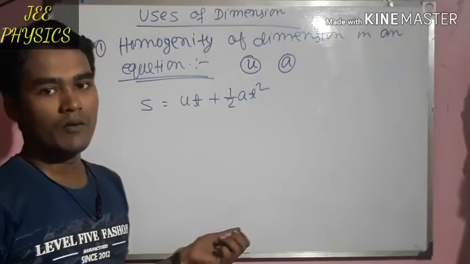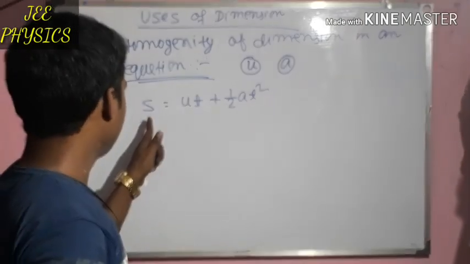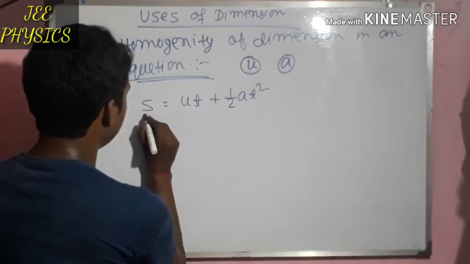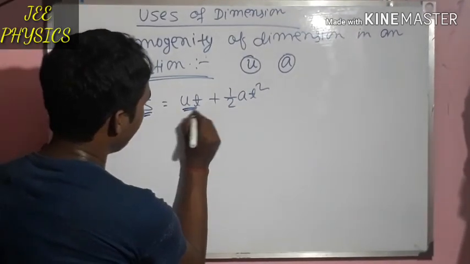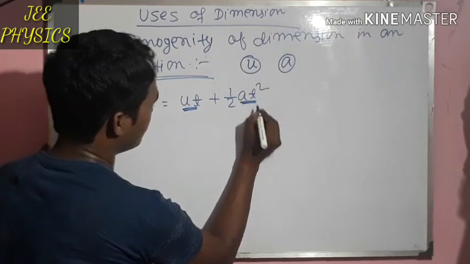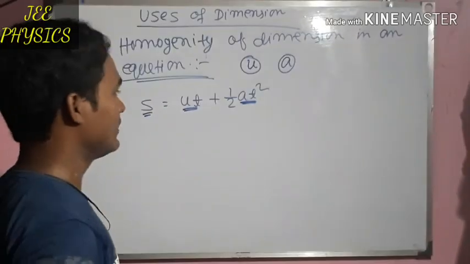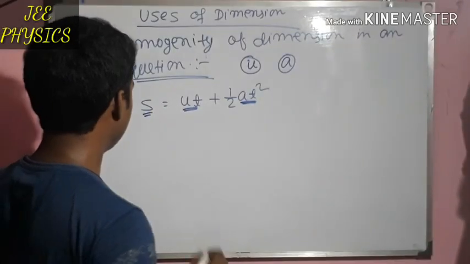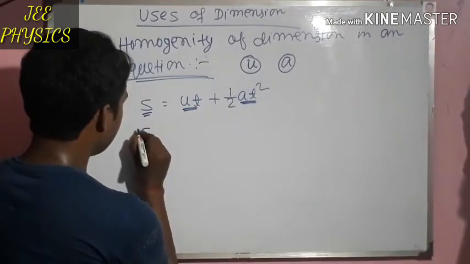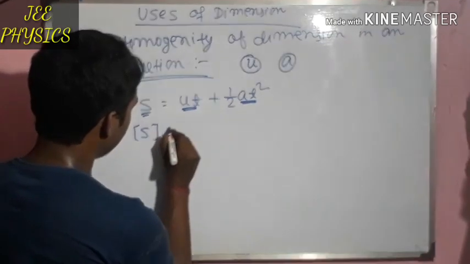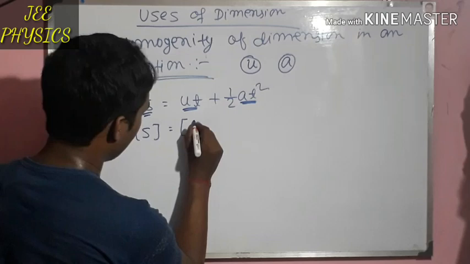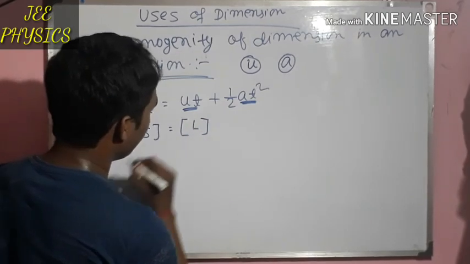Now, the principle of homogeneity states that these three quantities, that is s, ut and at square, must have the same dimension. Let's check it out. Here s is distance, so the dimension of s is L. I have calculated it in my previous video.